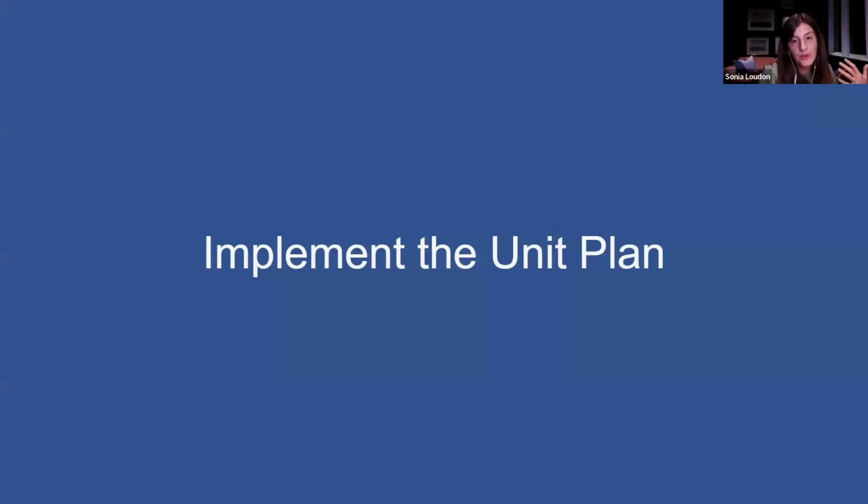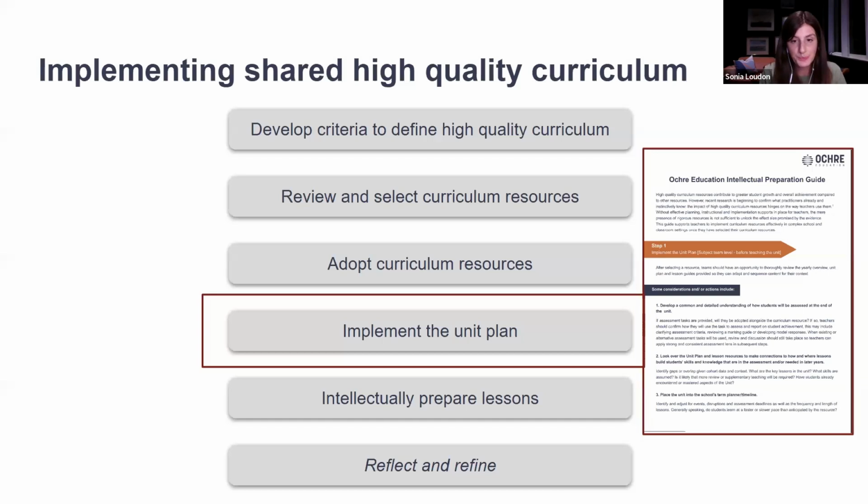So in our implementation guide on the Ochre website, you'll see that there are some initial steps that teams or individuals should take to implement the unit plan. And this is the first way to prevent some of those pitfalls which make curriculum implementation much less effective.